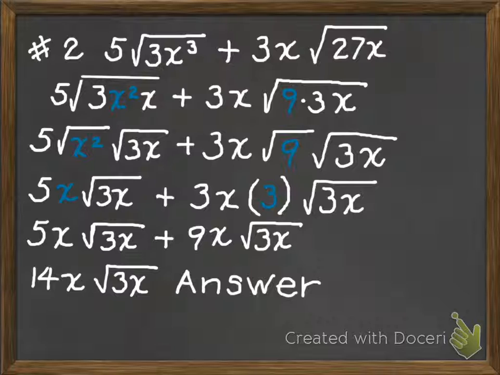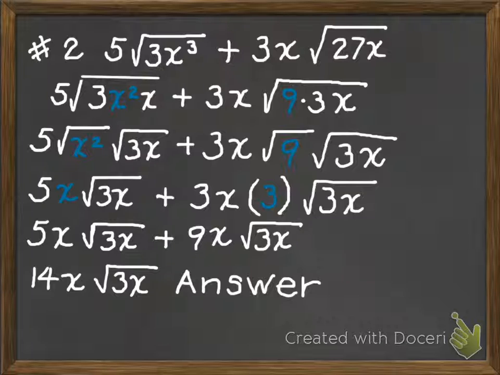So on the fourth line, we square root the perfect squares. We have 5 times x, square root of x squared is x, times the square root of 3x, plus 3x times 3, which is the square root of the 9, times the square root of 3x.